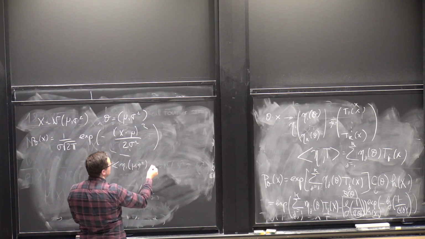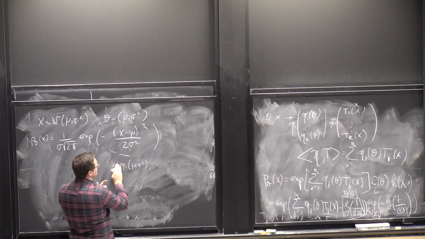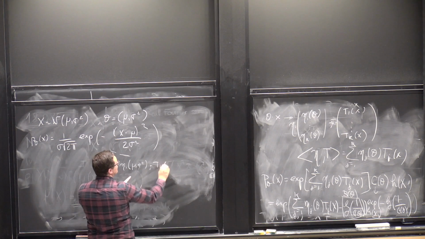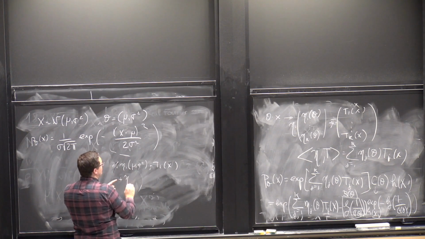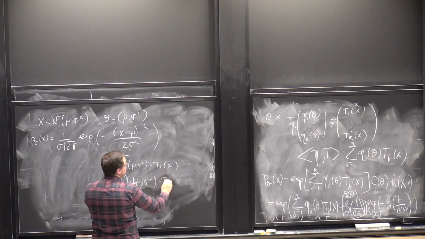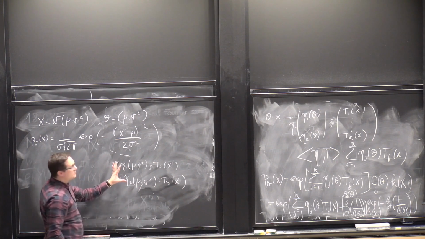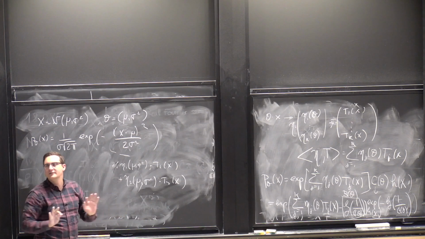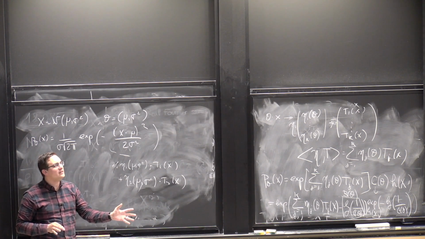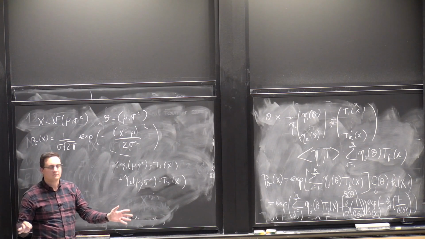I have only 2 parameters, so I'm going to need only 2 etas. So I want it to be eta 1 of (mu, sigma squared) times t1 of x plus eta 2 of (mu, sigma squared) times t2 of x. So I want to have something like that show up, and the only things that are left, I want them to depend either only on theta or only on x.